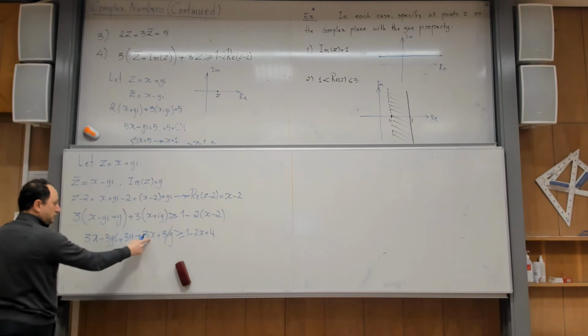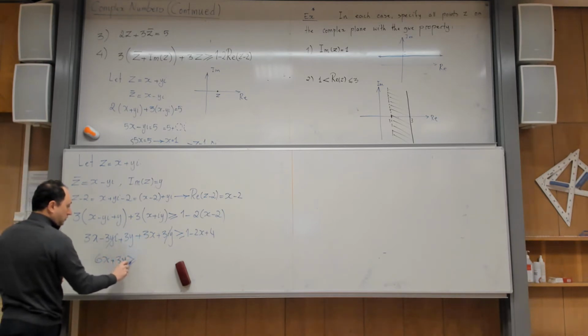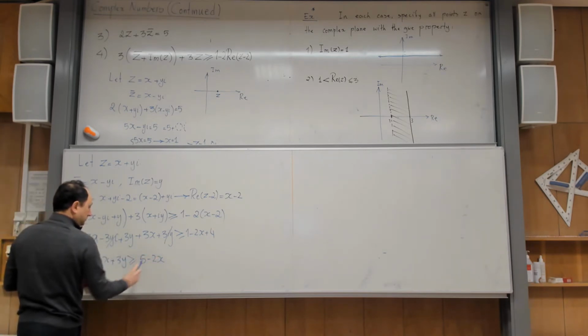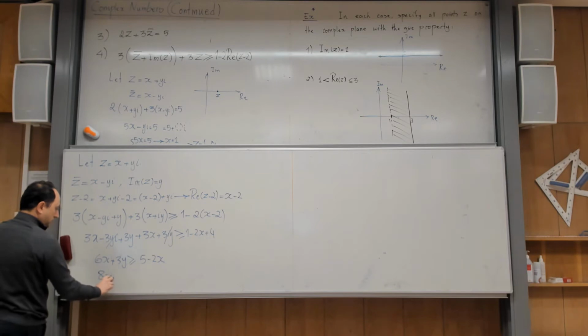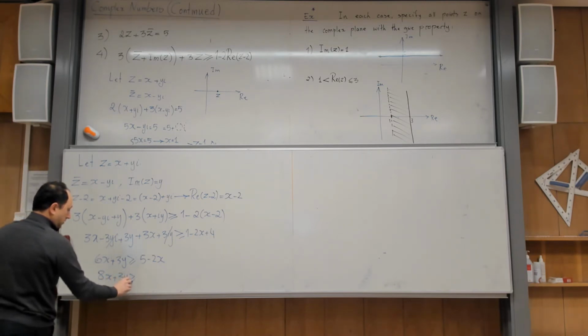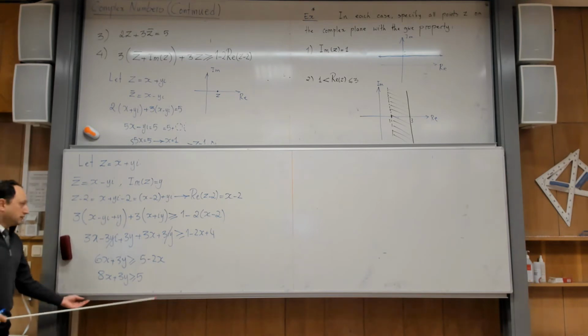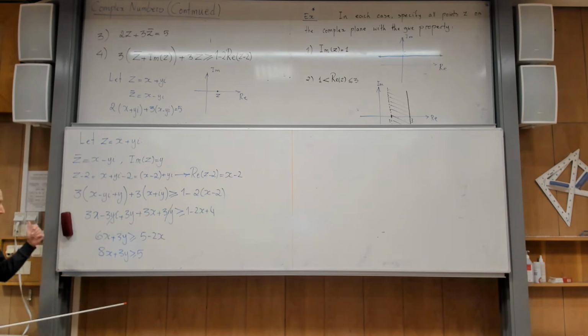The 3x plus 3x is 6x plus 3y greater than or equal to 5 minus 2x. Yes? And then I can move it to the other side. It becomes 8x plus 3y is greater than or equal to 5. Yes? At least, if I haven't done something wrong, how many of you got this inequality? Yeah, good. So at least the chance of making mistakes is now very low.